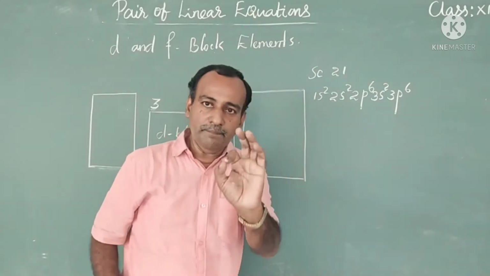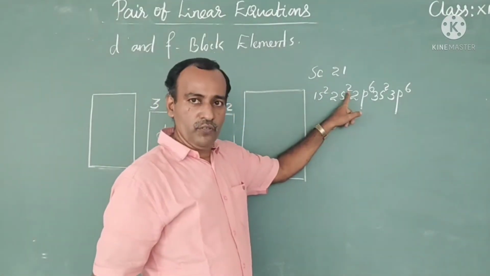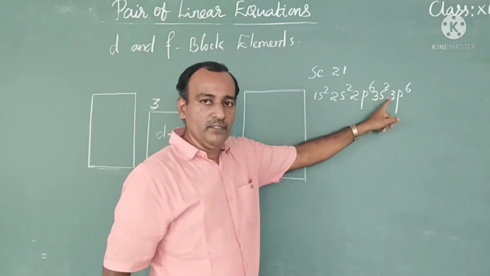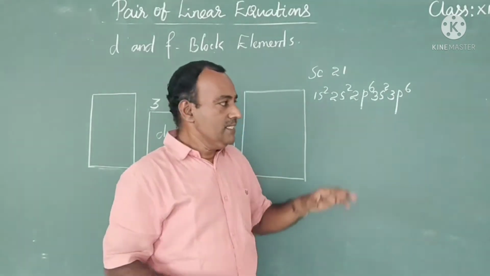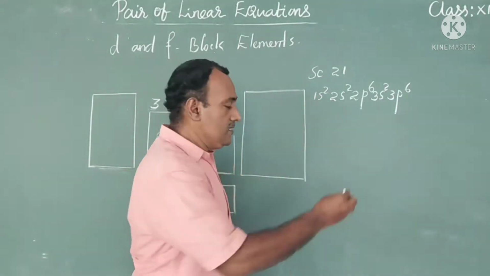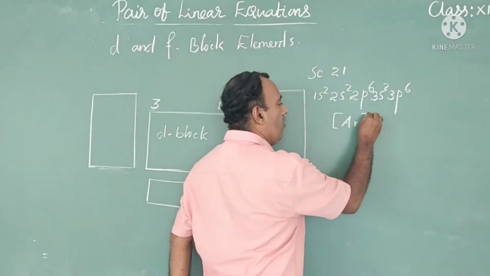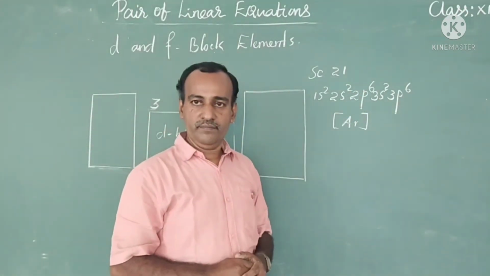When you write up to 3p6, 2 plus 2, 4, 4 plus 6, 10, 10 plus 2, 12, 12 plus 6, 18, 18 electrons over. Instead of writing this much, we can simply write argon in square brackets.